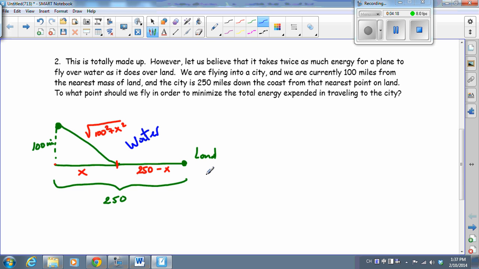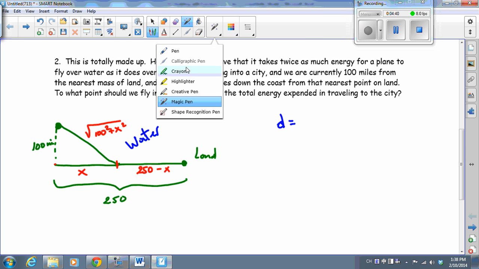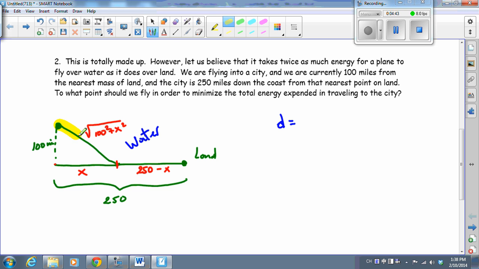Alright, let's go ahead and solve this problem. It seems like 250 miles is labeled already. I label my 100, which is this side. So I will say the total distance we start from here. But that distance is not just a regular distance.